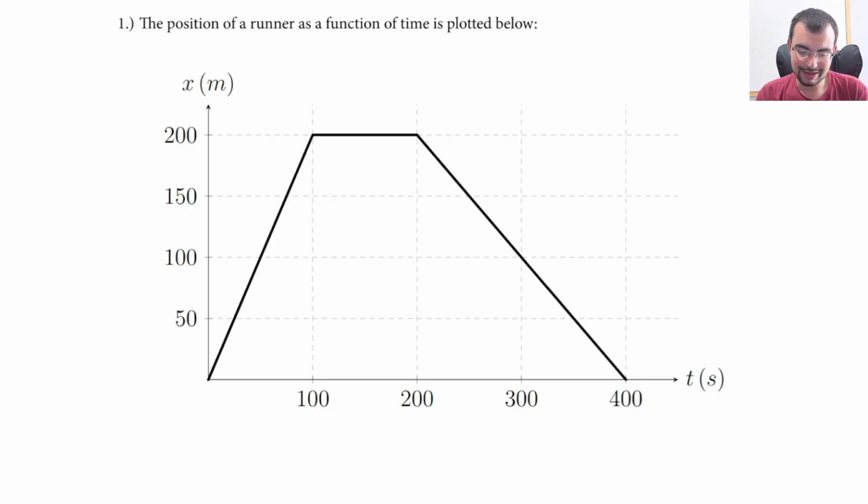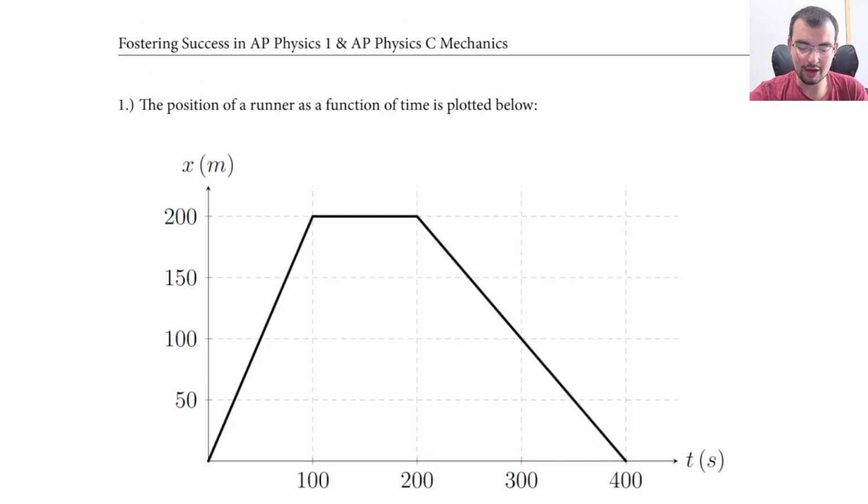All right, so here is a common, just basic position function we could see. The position of a runner as a function of time is plotted below. Anytime you have a graph, it's usually good to talk about what different things on the graph represent.